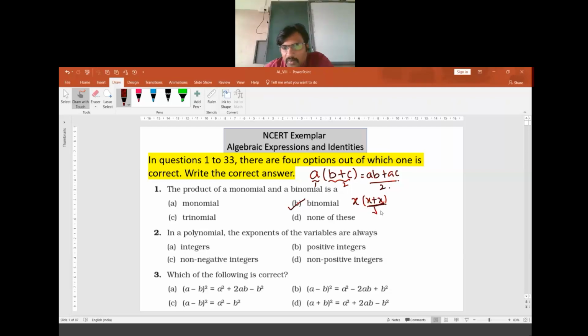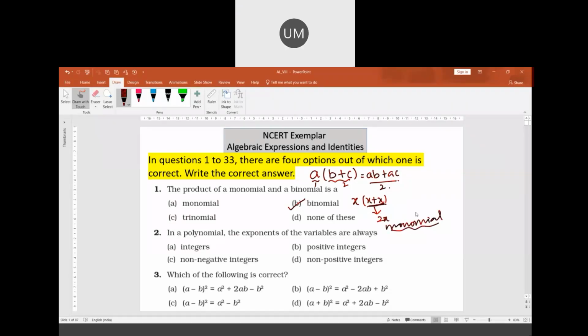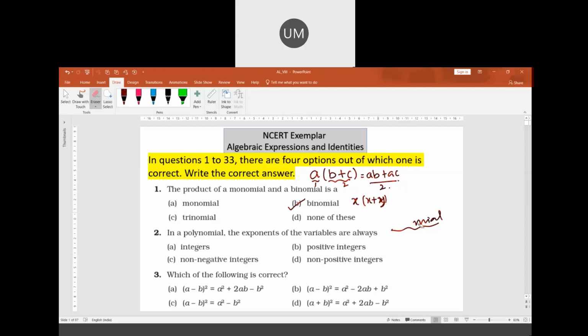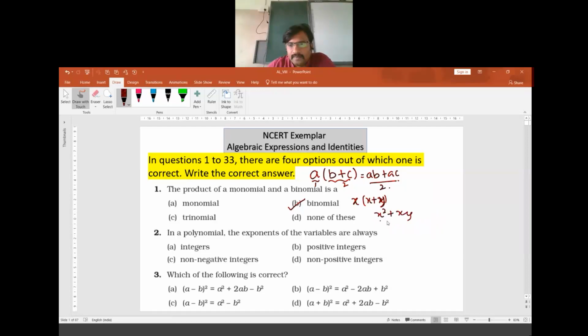This is not a binomial. x plus x is 2x, so it is a monomial. We have to identify that first. If you consider x plus y, it is okay. x multiplied by (x plus y) gives x square plus xy. Now you look at it: a monomial multiplied to a binomial gives a binomial.